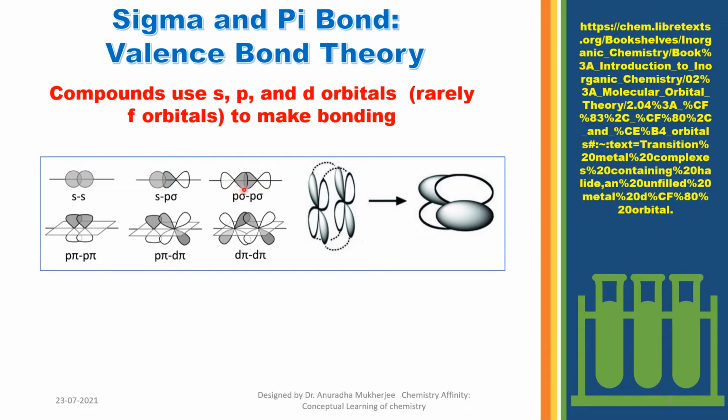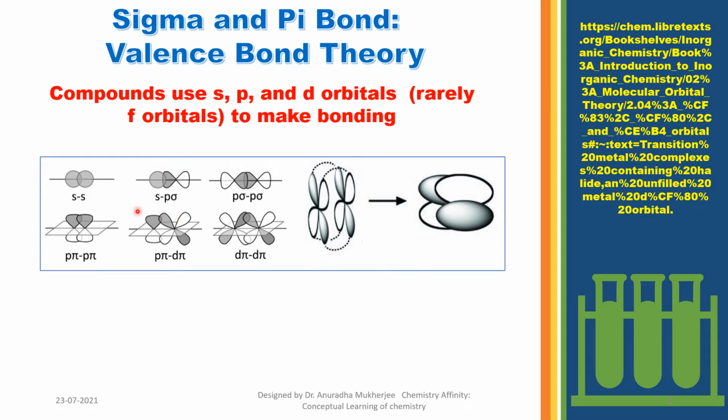There is a face-to-face overlapping and it forms a sigma bond. Now in the next picture you can see it's a parallel overlapping. So two p orbitals, let's say that they are py orbitals. This is a parallel overlapping and they are forming a p-pi p-pi bonding. So it's a pi bond.